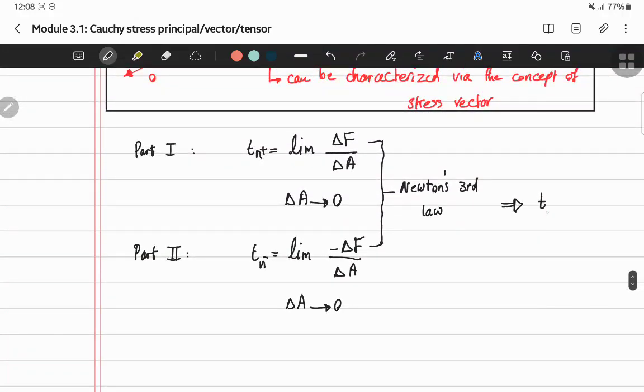Therefore, we can see that Tn plus is equal to minus Tn minus. On the upper part n is negative, and on the lower part n is positive. So you see that they have equal values, but their sign is opposite.